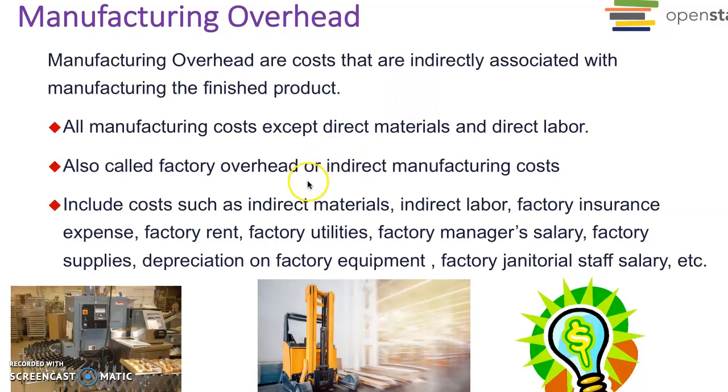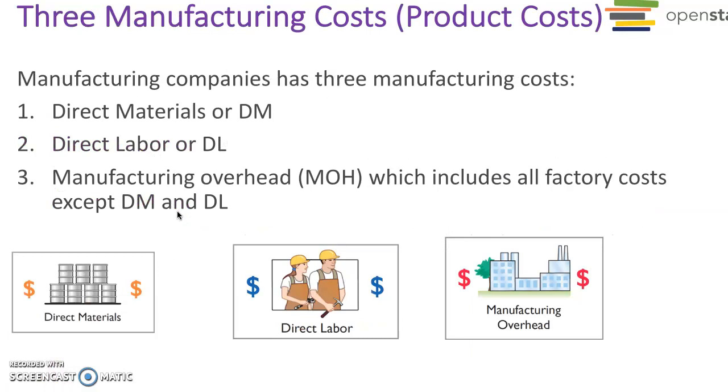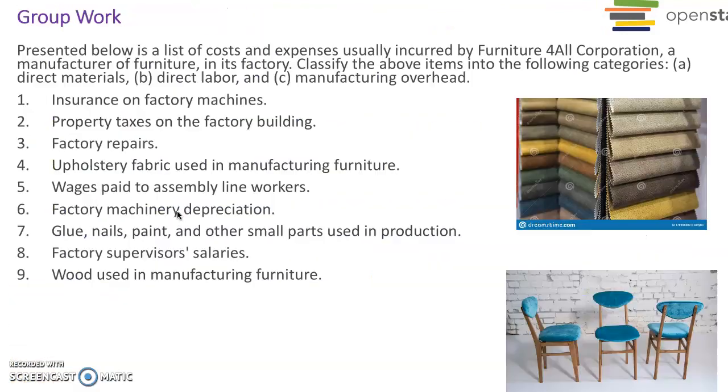However, costs such as electricity, depreciation on the machinery that we have in the factory, factory manager salaries, factory supplies used, and factory insurance policy, indirect material, indirect labor are considered manufacturing overhead. Now, you understand after this session that you need to remember the three product costs for the rest of managerial accounting: direct material, direct labor, manufacturing overhead.